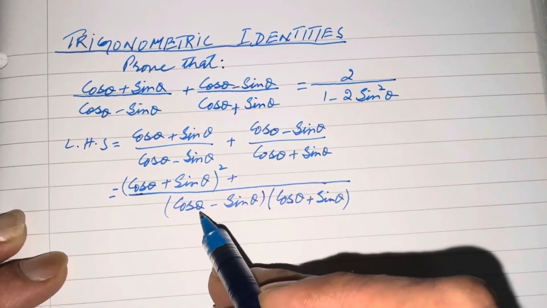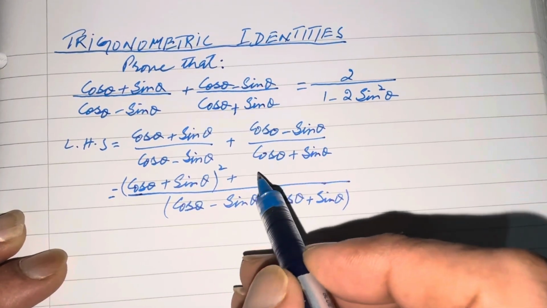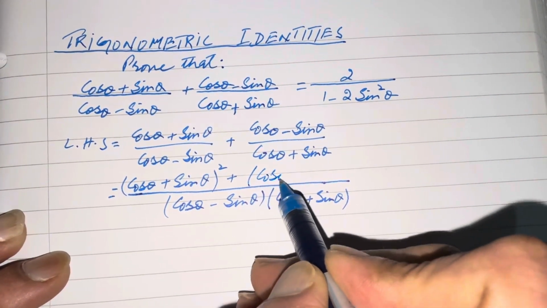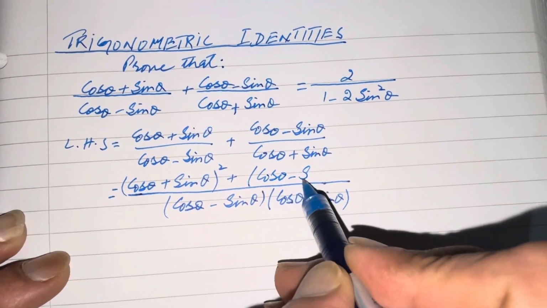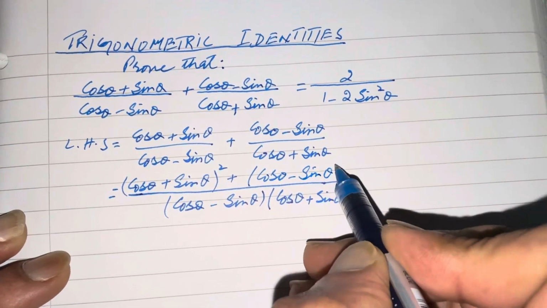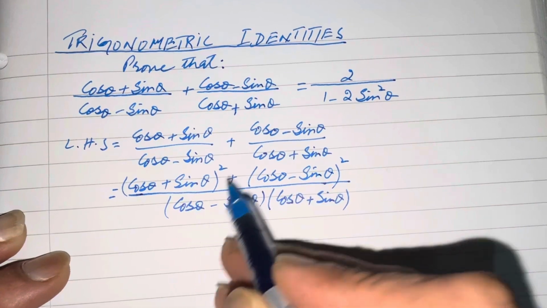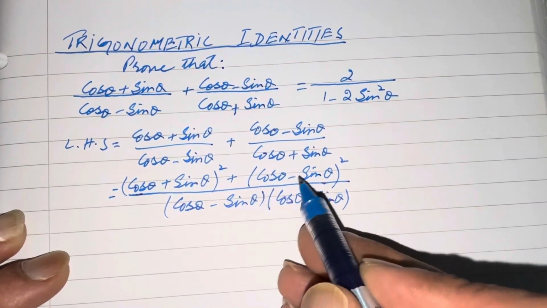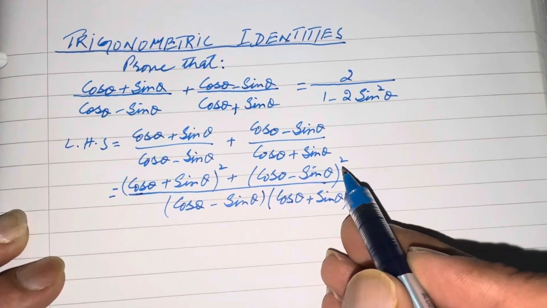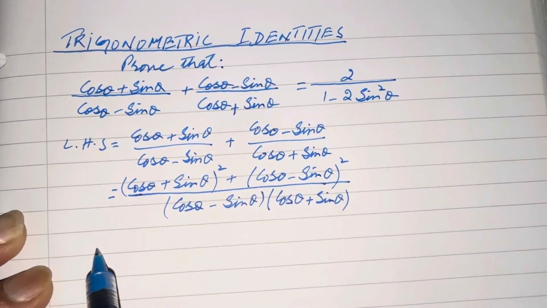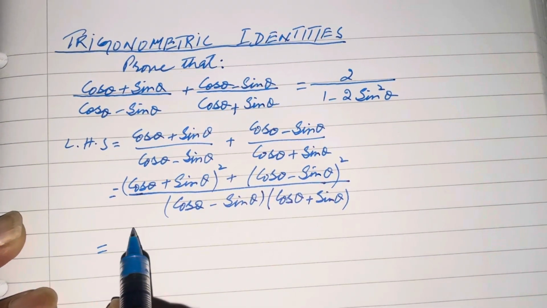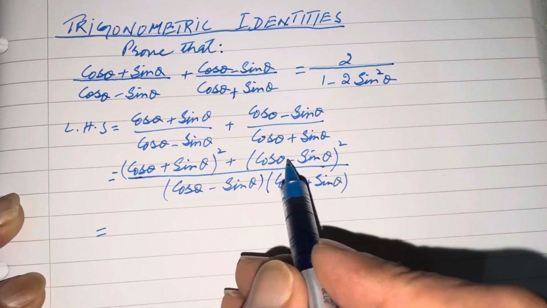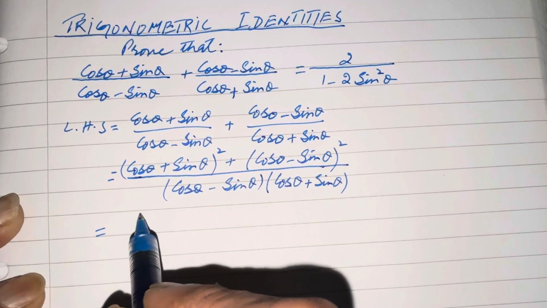So when cos theta minus sine theta multiplies with itself, that will become cos theta minus sine theta whole square, because these are the two same things multiplying with each other, so they will become in the squared form. Now in our next step, we are going to do a little bit more simplification.